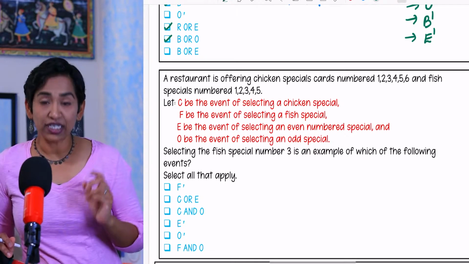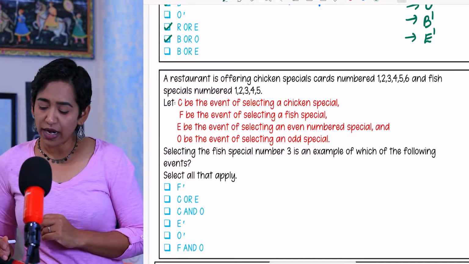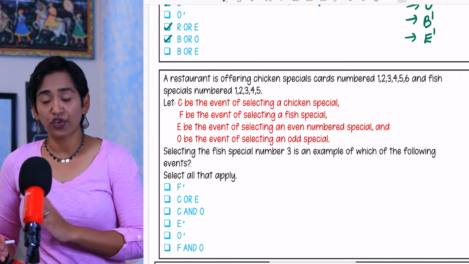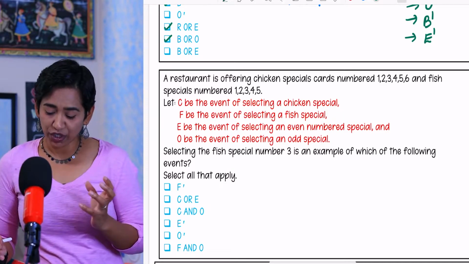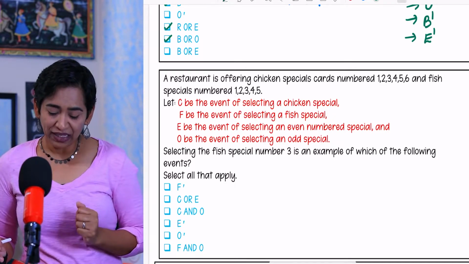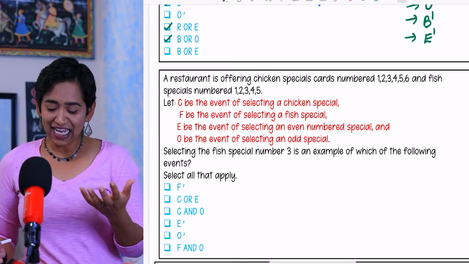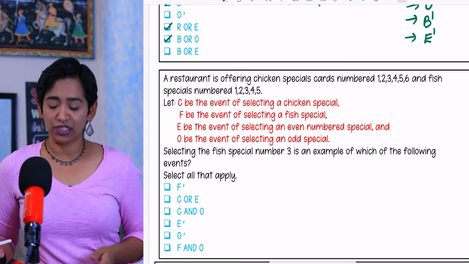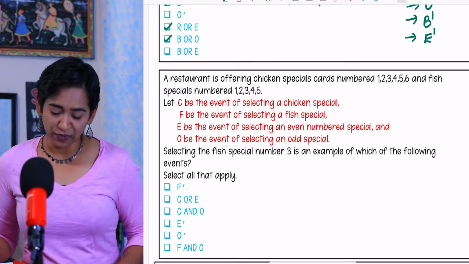A restaurant is offering special chicken specials numbered 1, 2, 3, 4, 5, 6 and fish specials 1, 2, 3, 4, 5. Let C be the event of selecting a chicken special, F be the event of selecting a fish special, E be the event of selecting an even numbered special, and O be the event of selecting an odd numbered special.